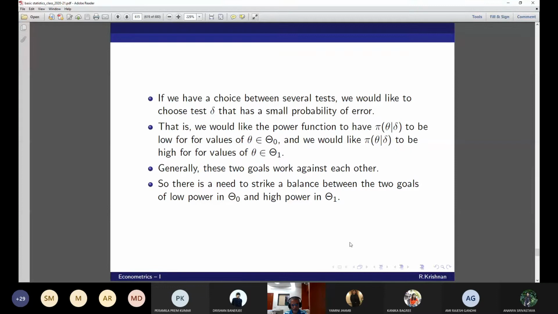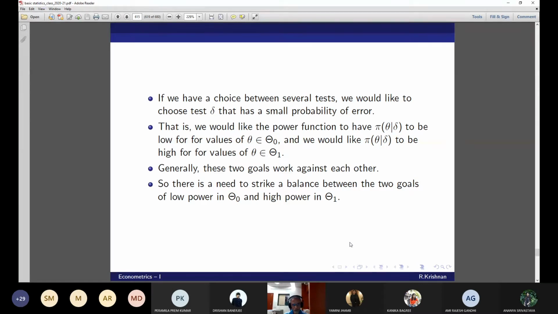That is, we would like the power function pi of theta to be low for values in the acceptance region and high for values in the rejection region. The ideal power function seldom exists, so instead of making it 1, make it as high as possible, and pi delta low for other values. If this is high, the other one will automatically be low.